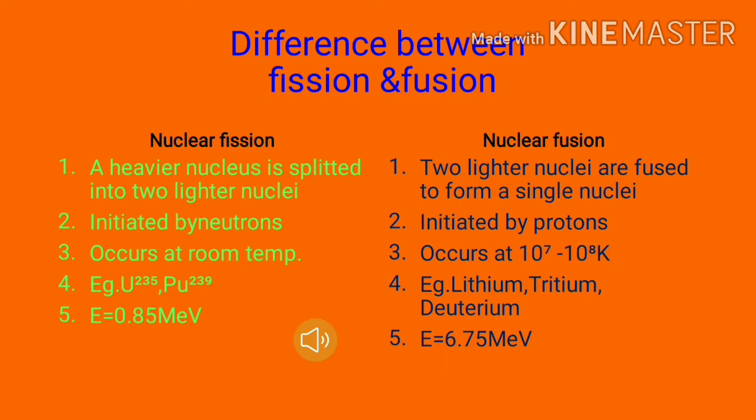It occurs at very high temperature, approximately 10 power 7 to 10 power 8 Kelvin. Using nuclear fission, the temperature should be first increased and it is applied to the fusion reaction. The energy released in fusion reaction is greater than fission reaction.